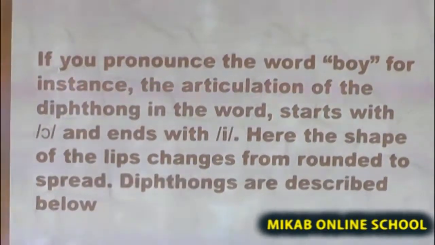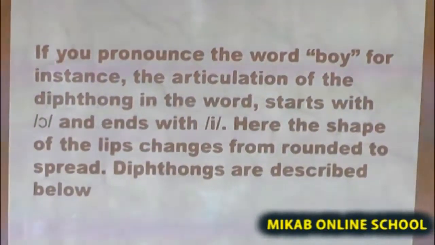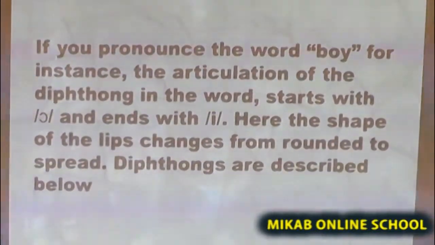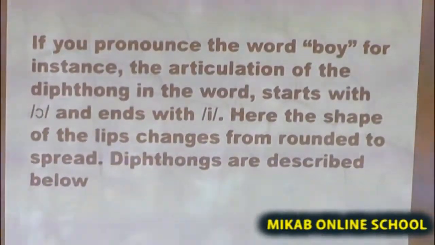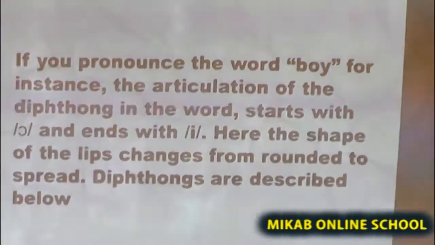And if you pronounce the word boy, B-O-Y. Now when you look at the sounds, it's B, O, and E. But when you look at these three, the first sound, B, does not belong to vowel sounds.